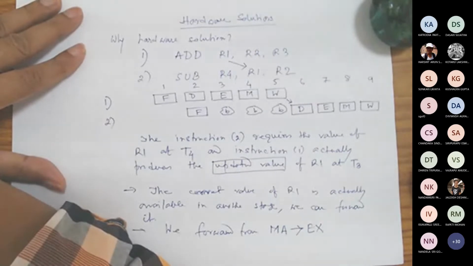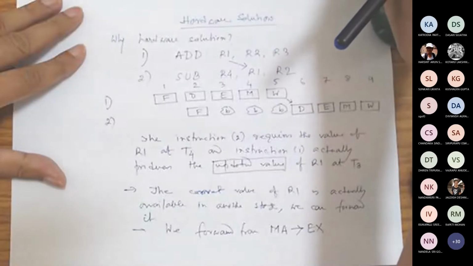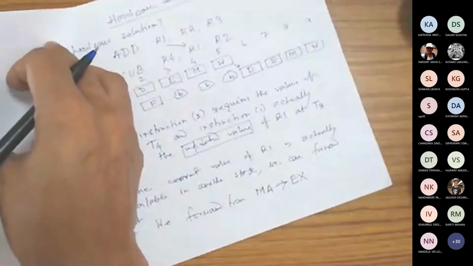So we will take that value and give it to the execute stage also. So a simple modification in the pipeline can actually do it. Now let me show you an example of this one.